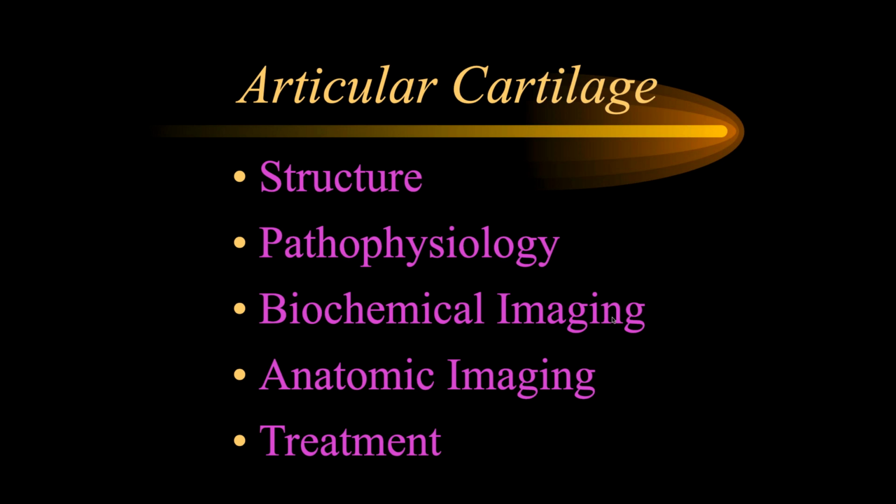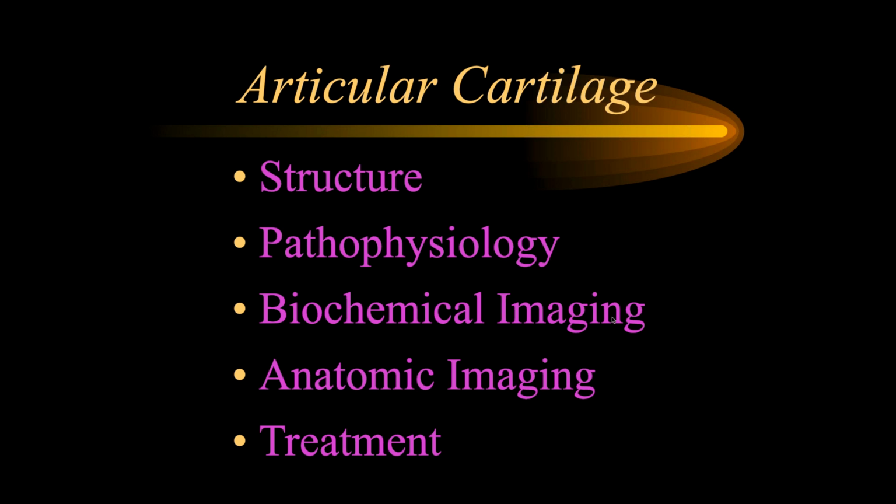So basically, the last couple of days we've talked about the structure of articular cartilage, some of the pathophysiology of how cartilage breaks down, a little bit about biochemical imaging, which hopefully in the future will give us good imaging to tell us where the cartilage is at risk and allow us to develop techniques to preserve the cartilage.